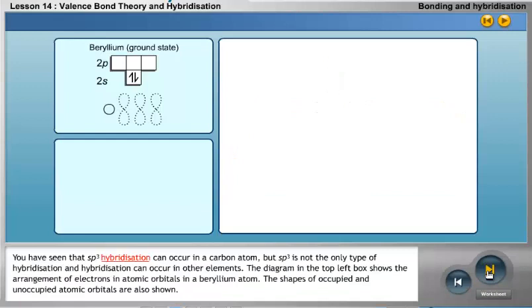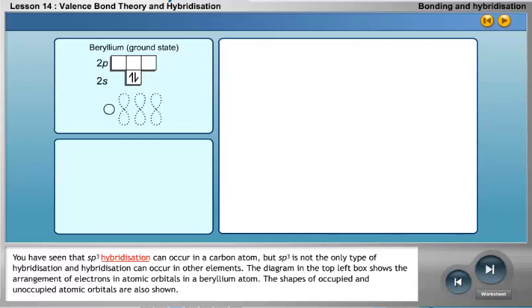You have seen that sp3 hybridization can occur in a carbon atom, but sp3 is not the only type of hybridization, and hybridization can occur in other elements. The diagram in the top left box shows the arrangement of electrons in atomic orbitals in a beryllium atom.